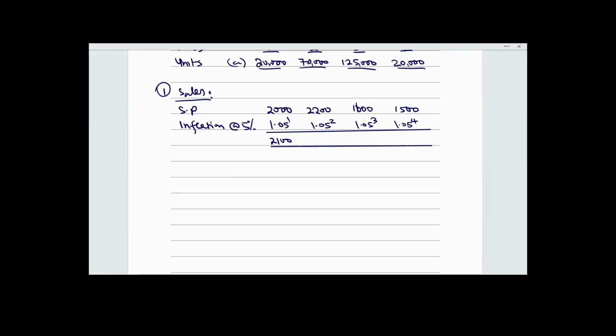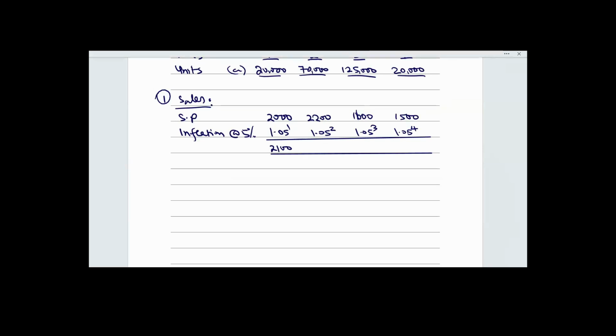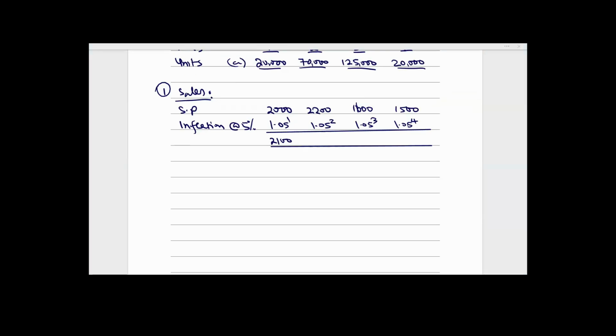In year 2, 1.05 raised to power 2 multiplied by 2200 is 2426.